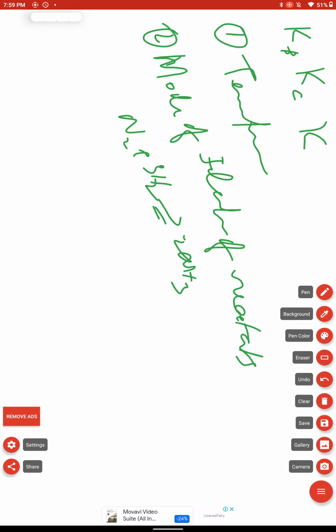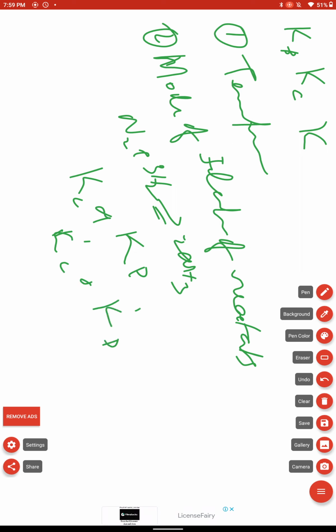So if we write Kc and Kp to represent the two types of equilibrium constant for the former reaction, and K dash C and K dash P for the reverse reaction, then K dash C is equal to 1 by Kc, and K dash P is equal to 1 by Kp.